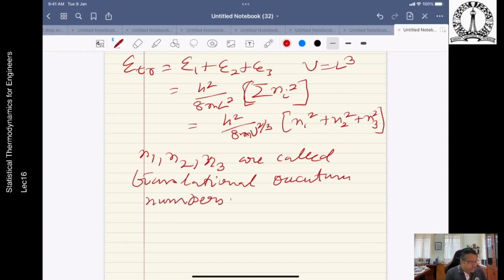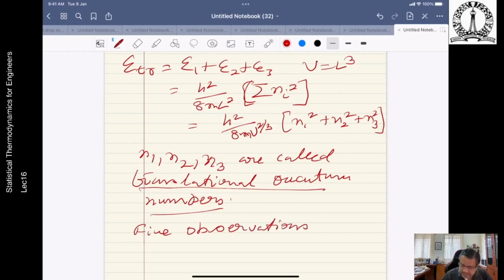So this is rather interesting, and this is how we found it. It is a pretty straightforward process. These are the translational quantum numbers, and this equation is most significant, because there will be multiple interpretations of this system. We saw that the energy was quantized, and we can make five observations on this, which we'll cover in the next class.